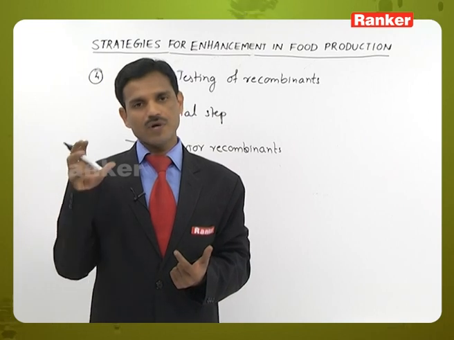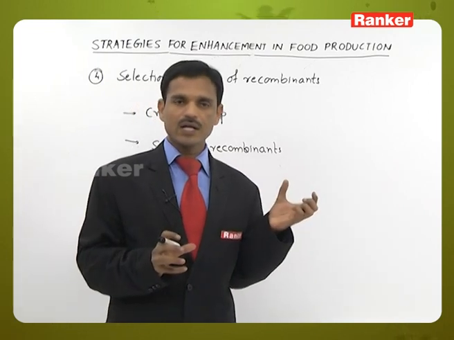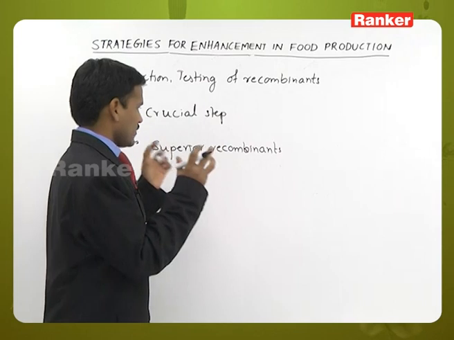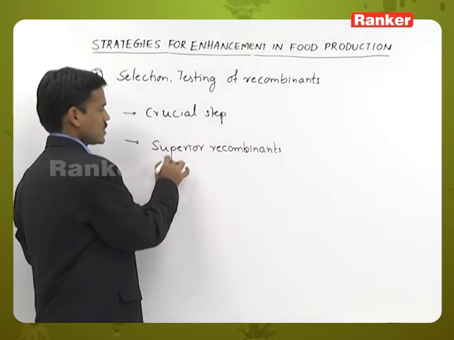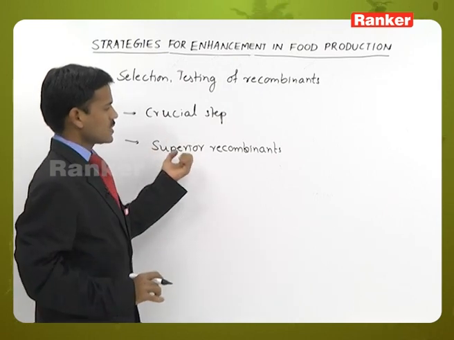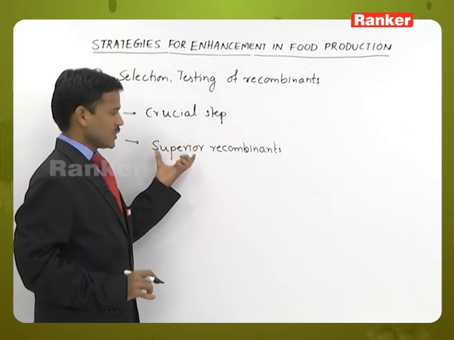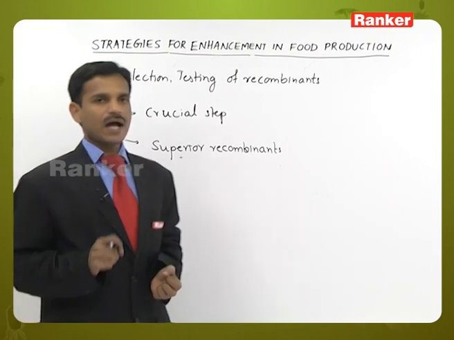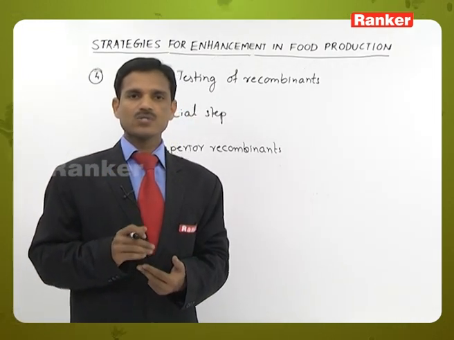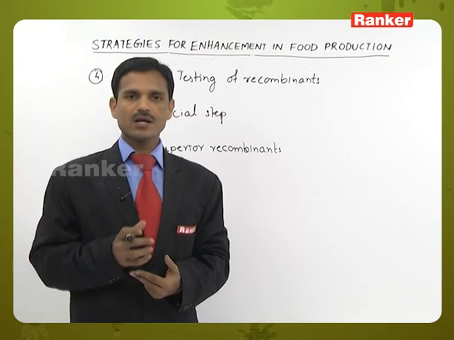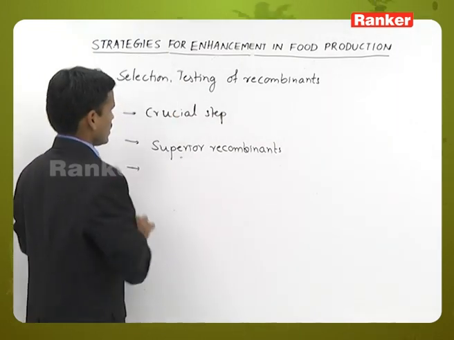One parent has one quality, the other parent has the other quality. So the two plants have different qualities, but the recombinants have both qualities. So they are superior to their parents. These superior recombinants are selected and tested, and used for the next step.